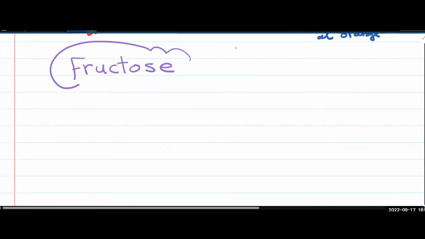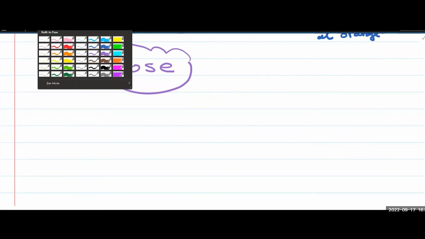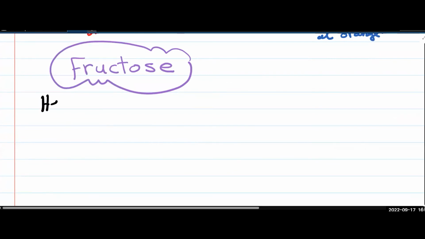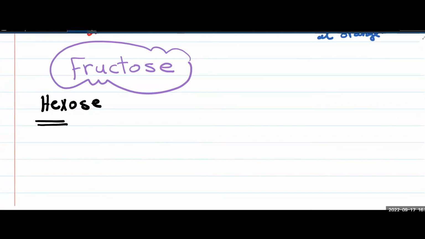This is fructose. Fructose is a monosaccharide, like glucose, and fructose is also a hexose. You understand what the word hexose means now? Hexose means carbohydrate made up of 6 carbons, exactly like glucose.